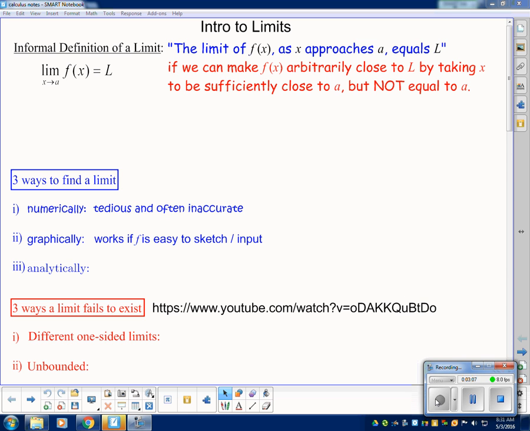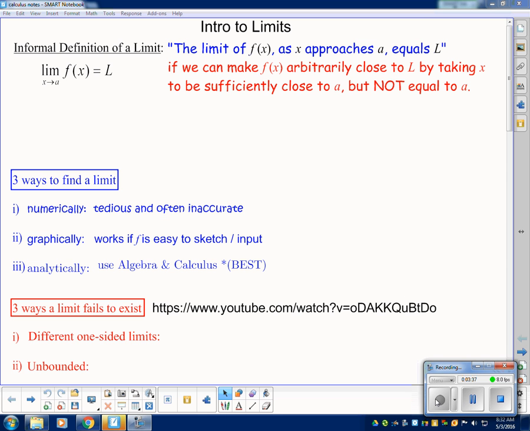And then finally is analytically. And analytically means it could be as easy as substituting in the number to the function, if it's a continuous function at that particular value, A. Sometimes we have to use things like factoring and canceling, or complex fractions, or trig substitutions to rewrite things.